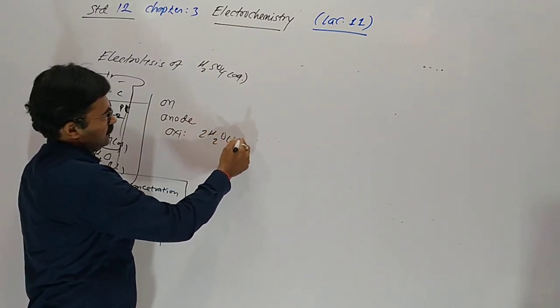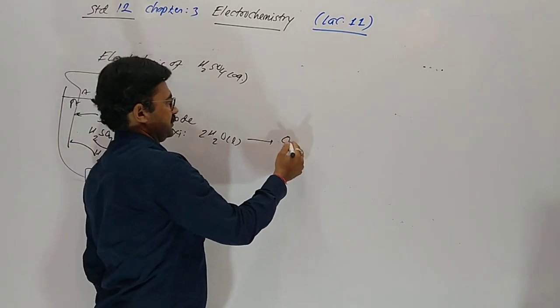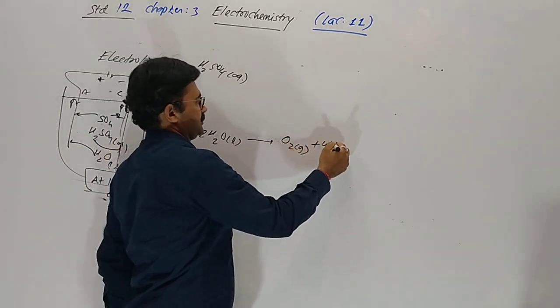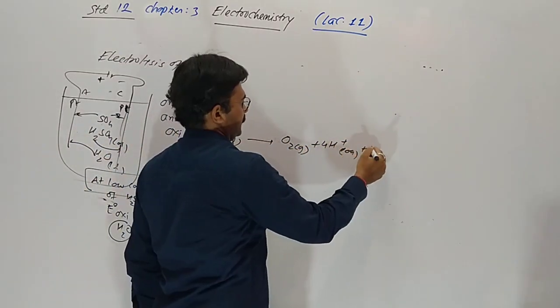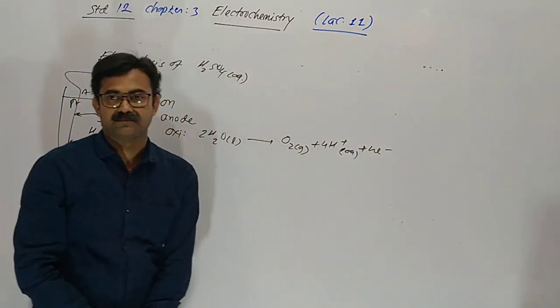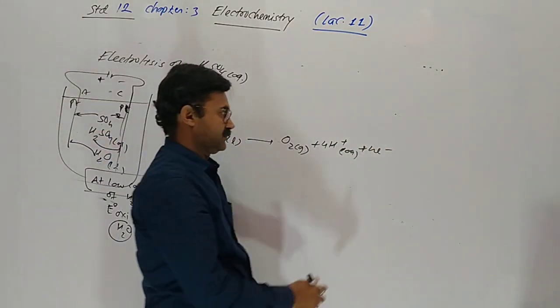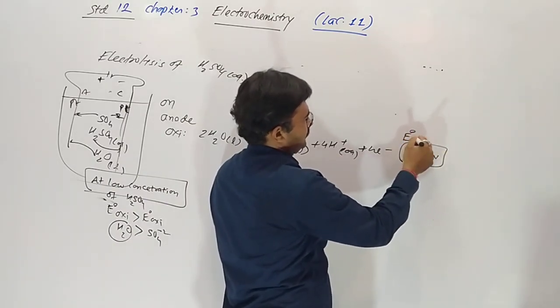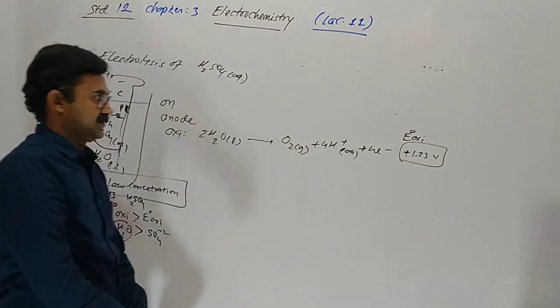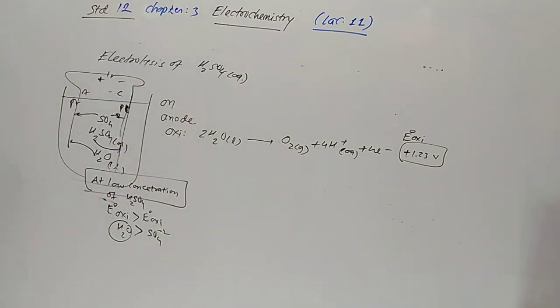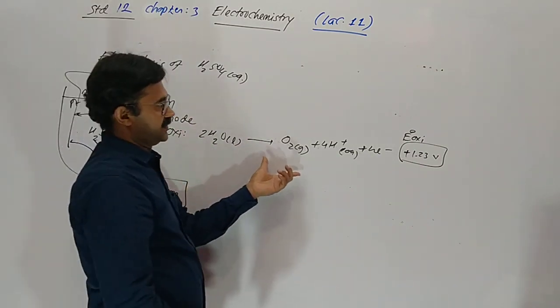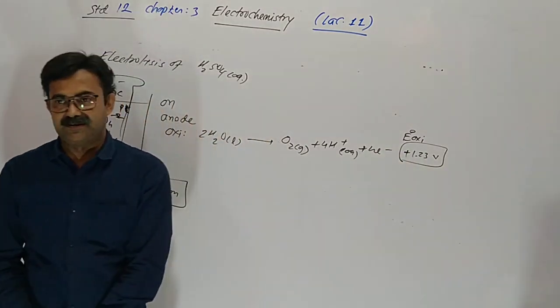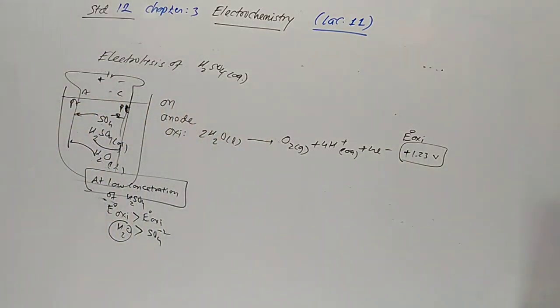So 2 moles of water gives O2 gas plus 4H plus plus 4 electrons. Here the potential is 1.23 volt. This one is oxidation potential 1.23 when we combine with hydrogen electrode. Understood?